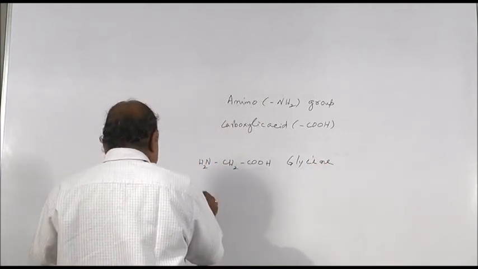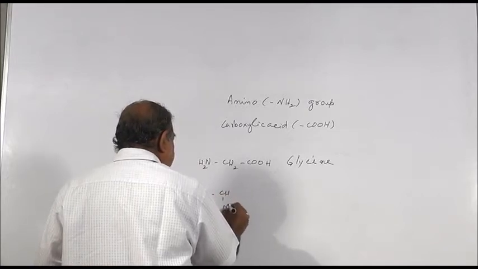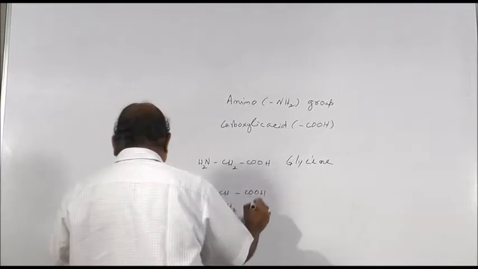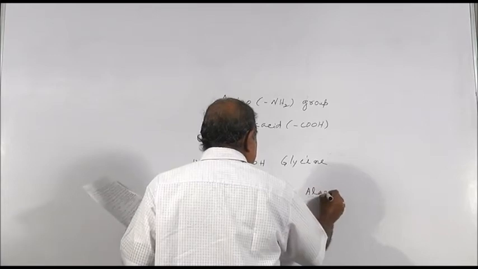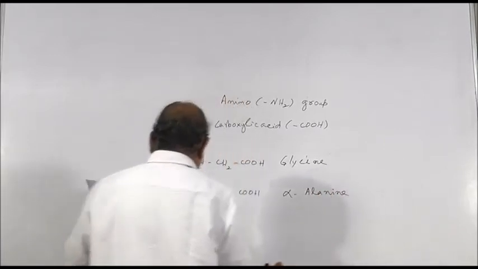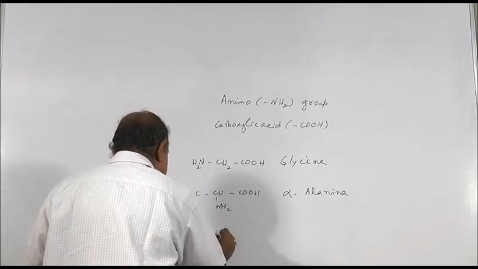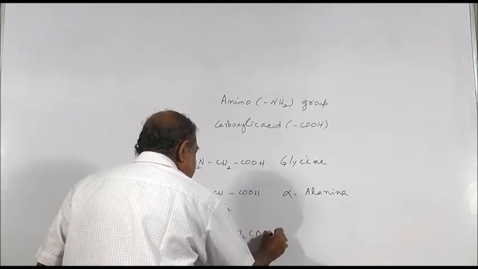Another example I am giving you, CH3, NH2, COOH. Its name is alpha alanine. One more example you can take, CH2, COOH.